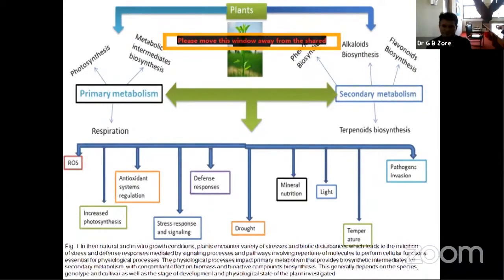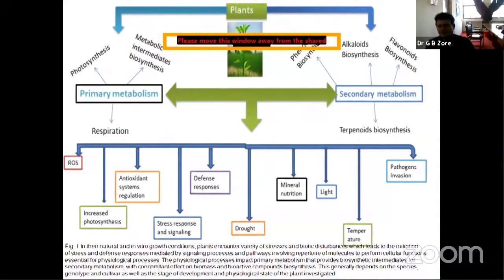But secondary metabolites are produced under specific occasions. Unlike primary metabolites, they are not produced constitutively, or regularly, right? So these secondary metabolites are produced under certain conditions.